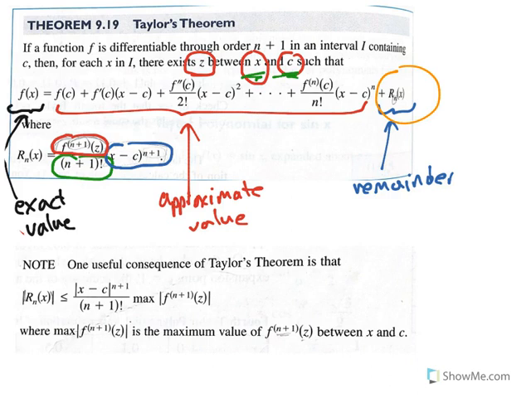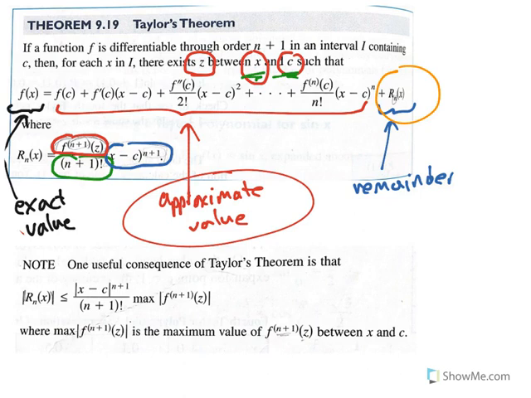But more significantly, we want to know how good our approximation is. In other words, what's the most we could be off by? How much could we be off from the exact value? What's the greatest amount that our approximate value could be off from the exact value?